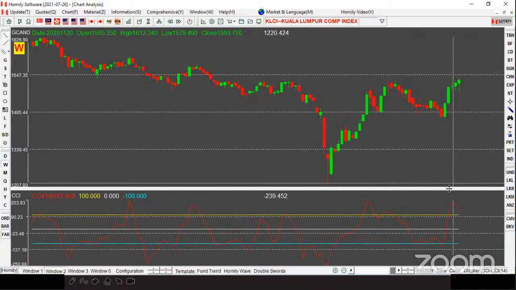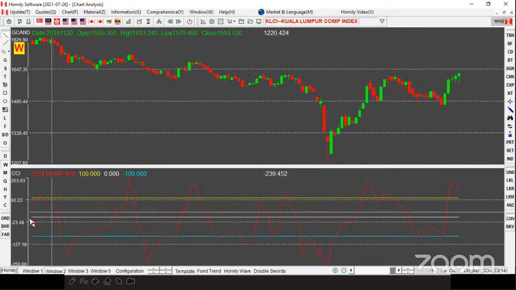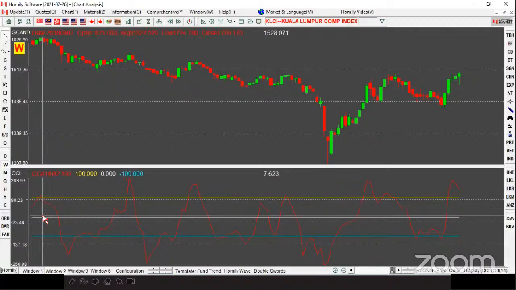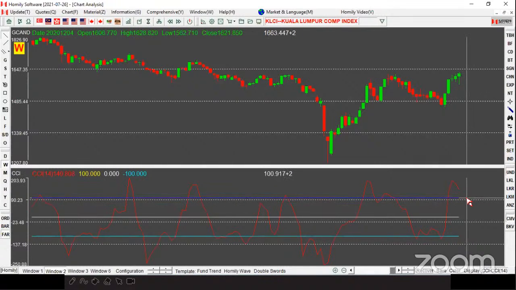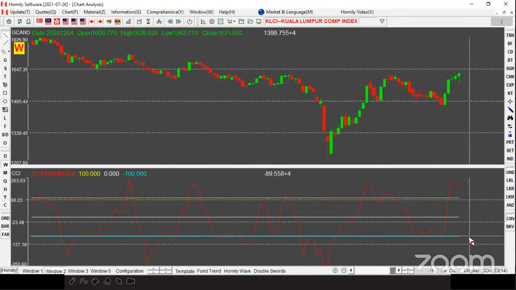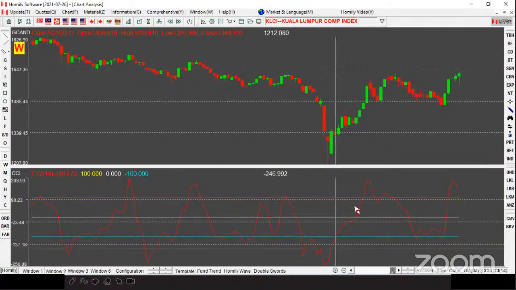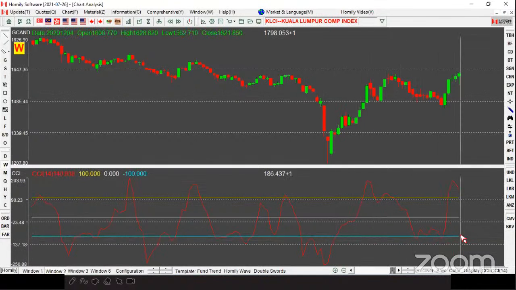Okay, CCI. We can see very clearly on the second screen there are three lines, right? The middle line, the white one, is the 0 line, the yellow one is 100, and the blue one is minus 100. So you will see the red line moves around those three lines.